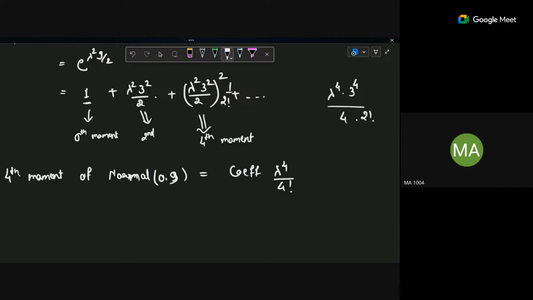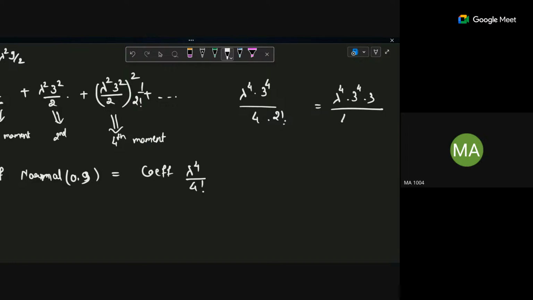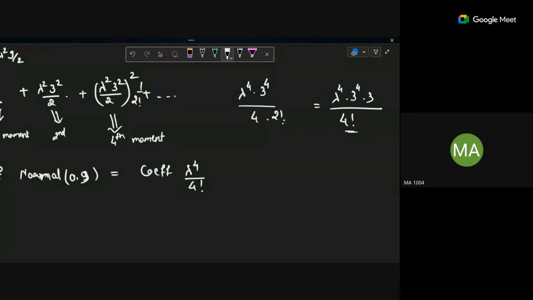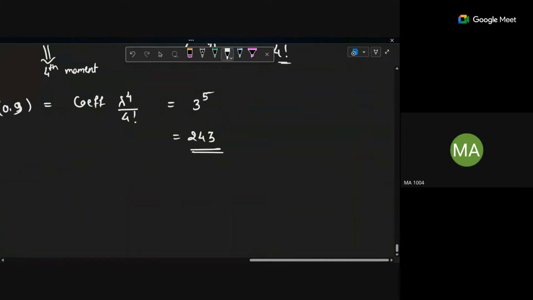So multiply and divide by 3. That gives lambda power 4 into 3 power 4 into 3 divided by 4 factorial. Once we multiply and divide by 3, this becomes 4 factorial. So our coefficient is 3 power 5, that is 243. That is our fourth moment for the given distribution. That is how we calculate the moment of any given distribution.